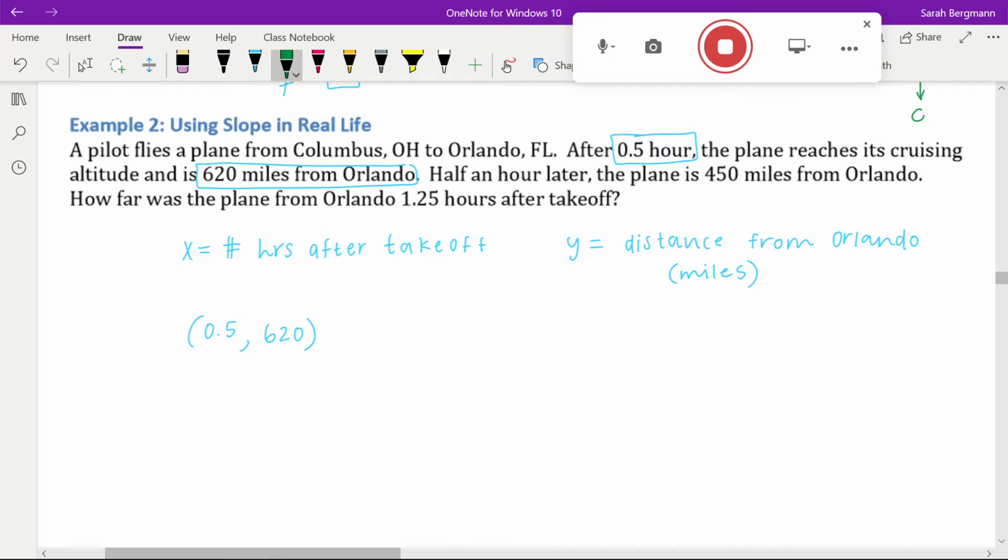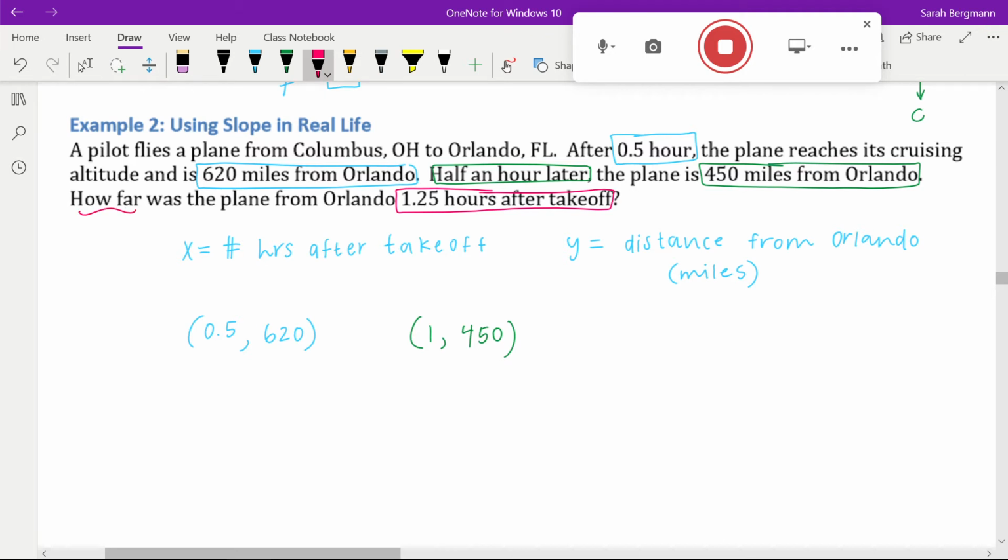Okay, I have another point that I know. I have another half an hour later. Hence, at 1 total hour after takeoff, because a half plus a half makes 1 whole, the plane is 450 miles from Orlando. So my y value here would be 450. Finally, it says, how far was the plane from Orlando 1.25 hours after takeoff?